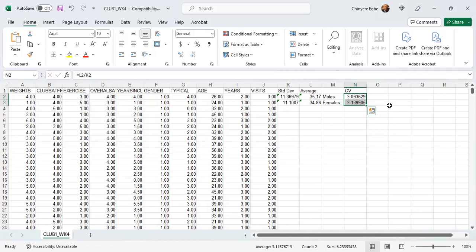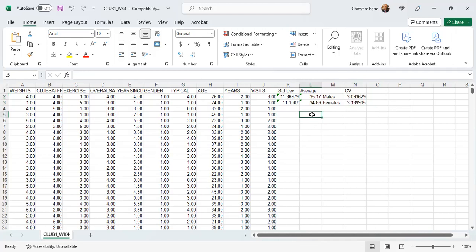So you can see that the coefficient of variation of the age of the males and females is about the same. One is 3.09, one is 3.1. So let us calculate the average for the number of visits.